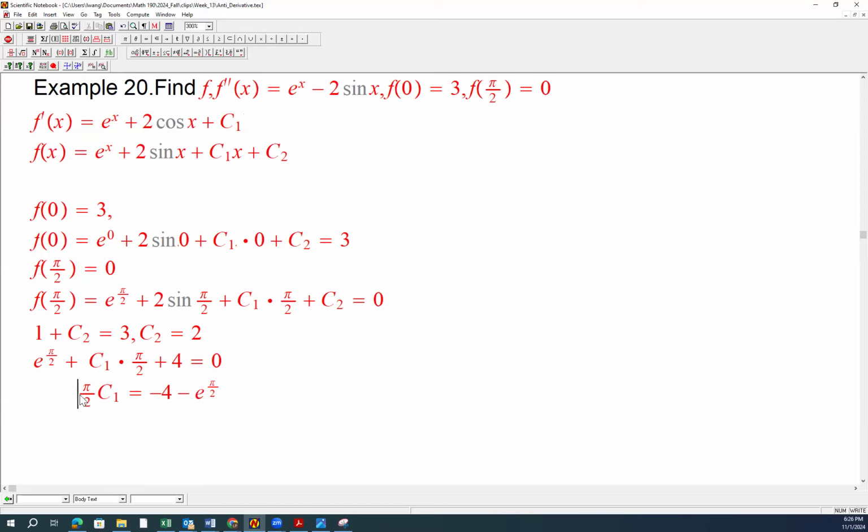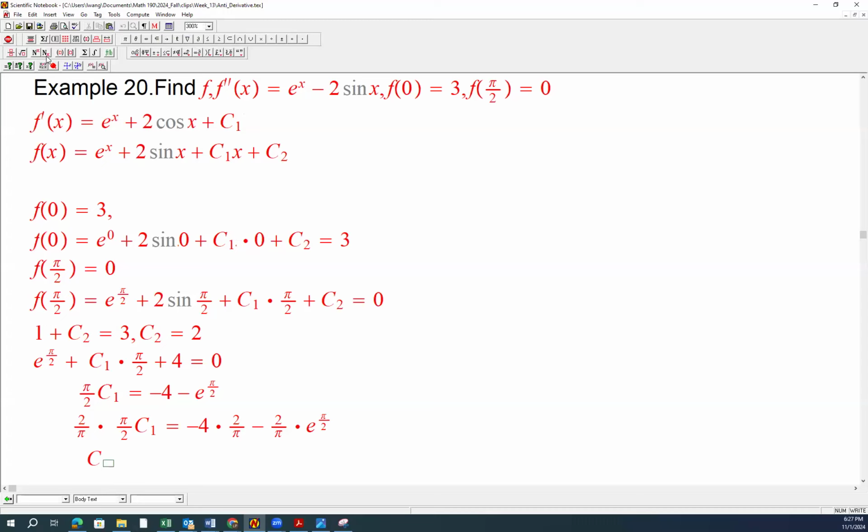And then we're going to multiply on both sides by the reciprocal of pi over 2, which is 2 over pi. So this way C1 will be isolated.